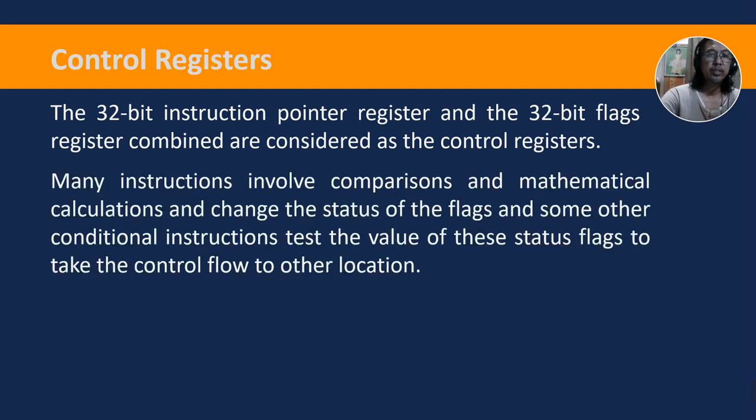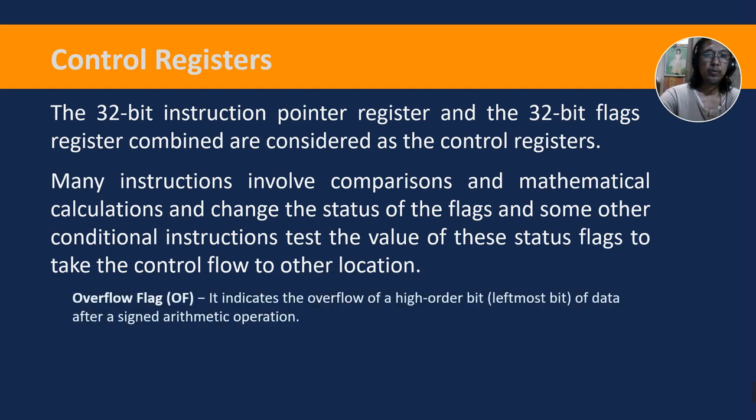Many instructions involve comparison and mathematical calculations and change the status of the flags, and some other conditional instructions test the value of these flags to take the control flow to another location. One of those flags is the overflow flag. It indicates the overflow of the high-order bit, the leftmost bit of data, after a signed arithmetic operation.